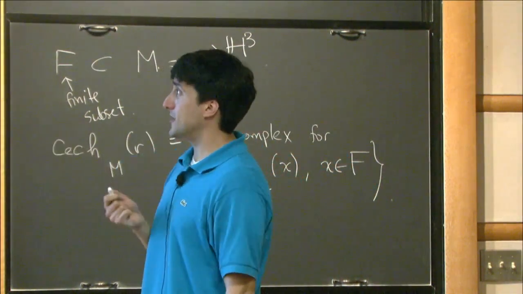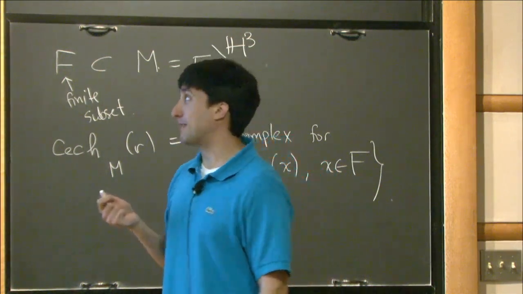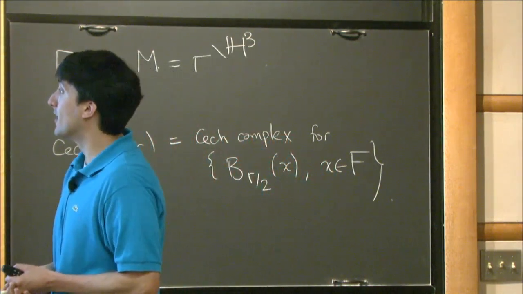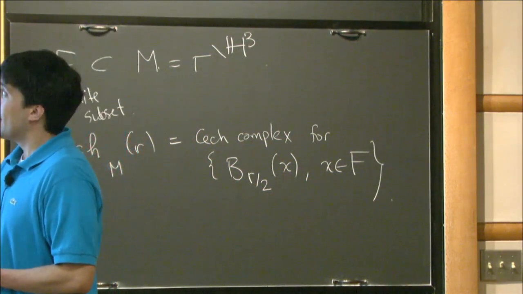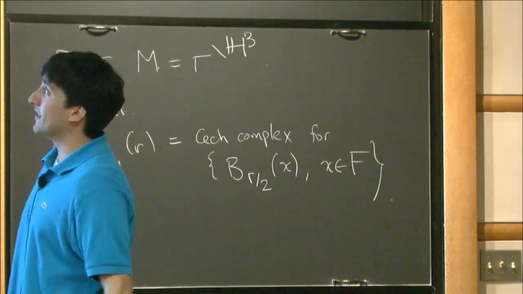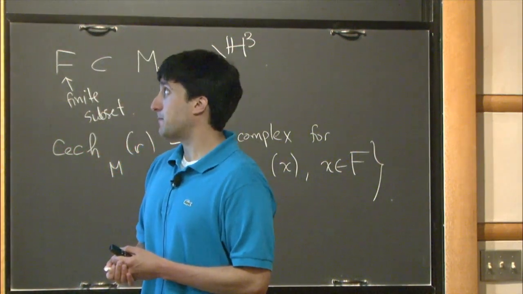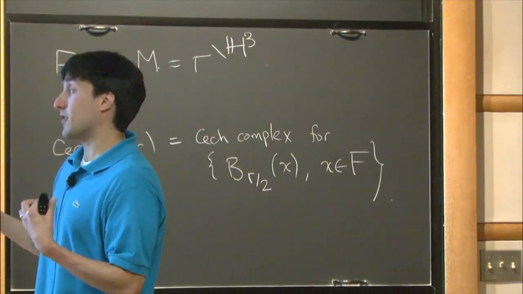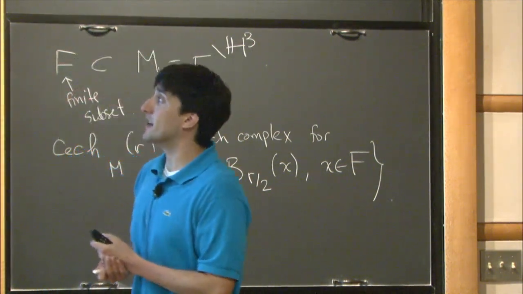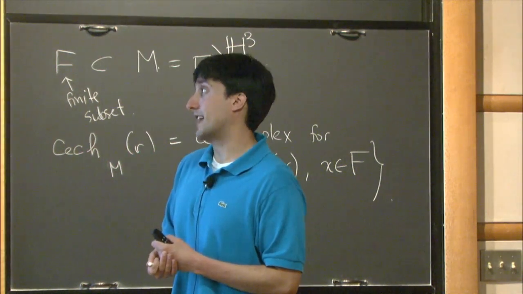And here's some information about how hard it was to compute this Čech complex. So it took more than 1,000 seconds to compute a cover in the first place, and then to determine whether pairs of balls intersected, it only took about 300 seconds.